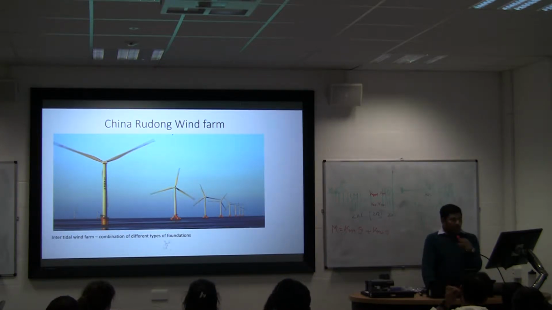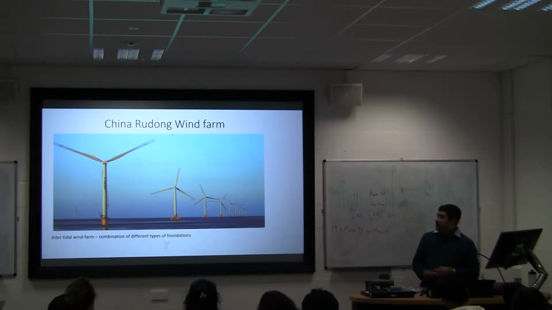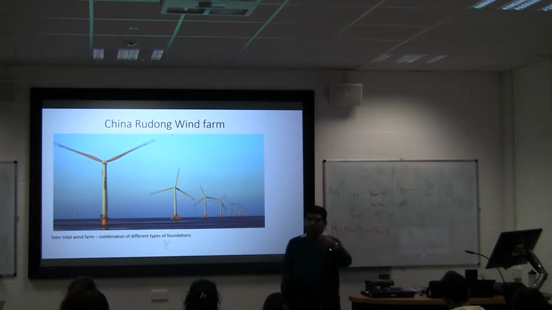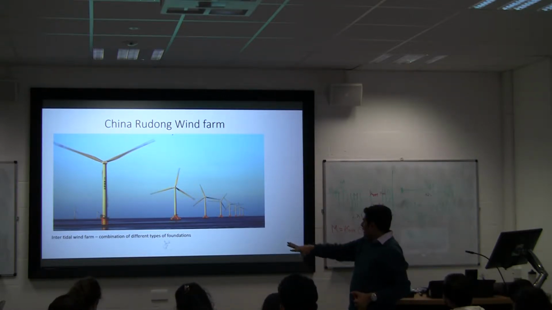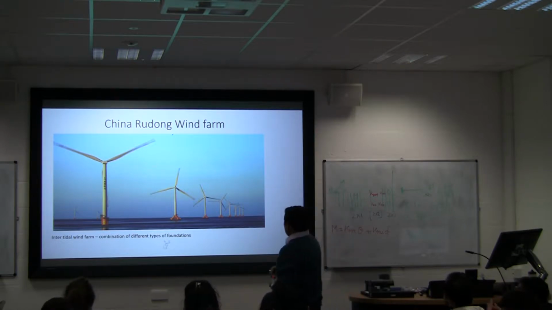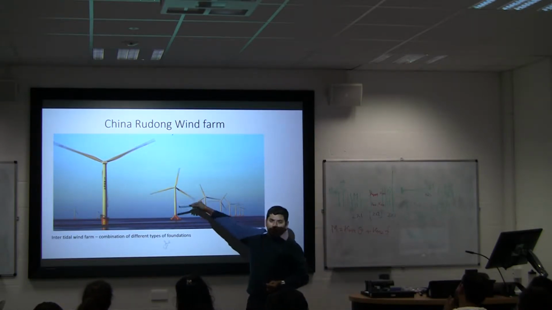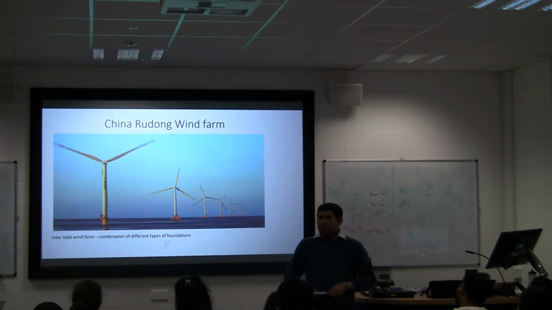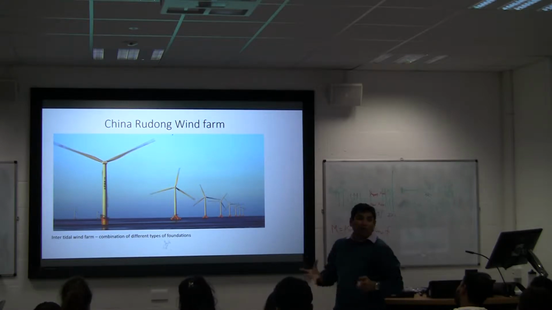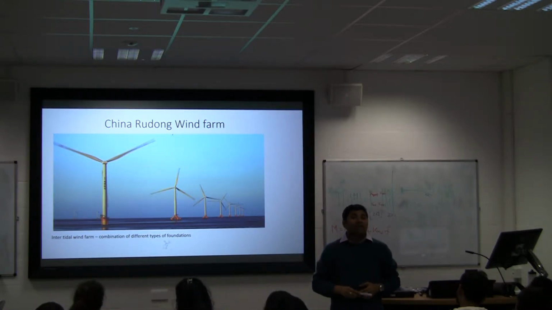Other applications are quite recent. It's again wind farms. For those who didn't do the wind farm energy course, you have a column like a tower, and on the tower you put a turbine, and those turbines can be quite heavy. For example, an 8 megawatt turbine is around 550 tons.